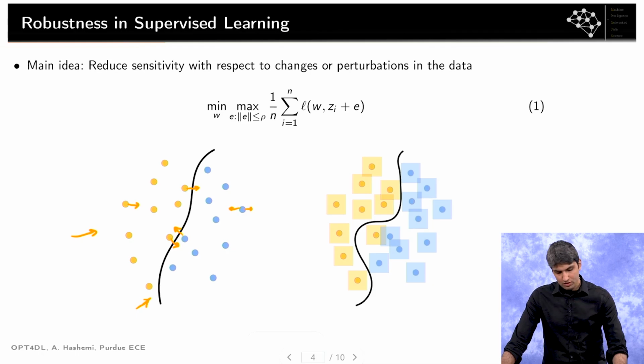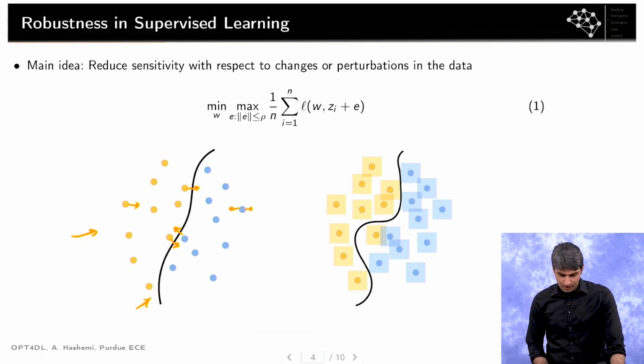So one way to reduce the sensitivity is to make sure that there is, let's say, this wall around each data point, and crucially around the data points that are near the decision boundary, such that any classifier has to be outside these walls. Okay, so let's say that we ensure this, and then we train a classifier, such that we get this result.